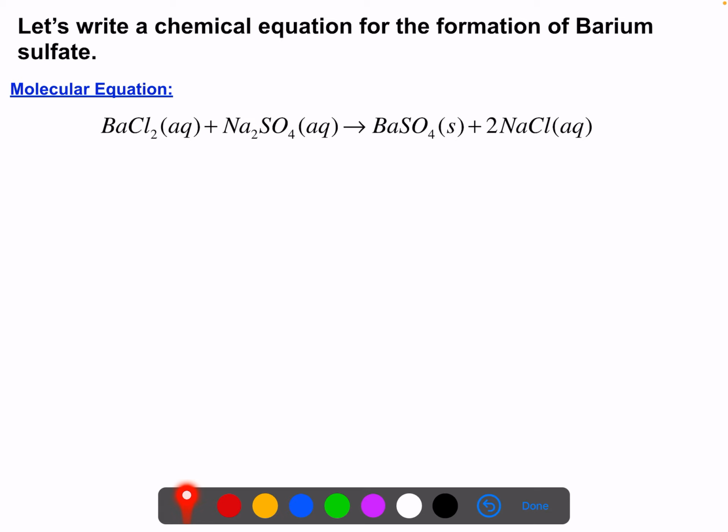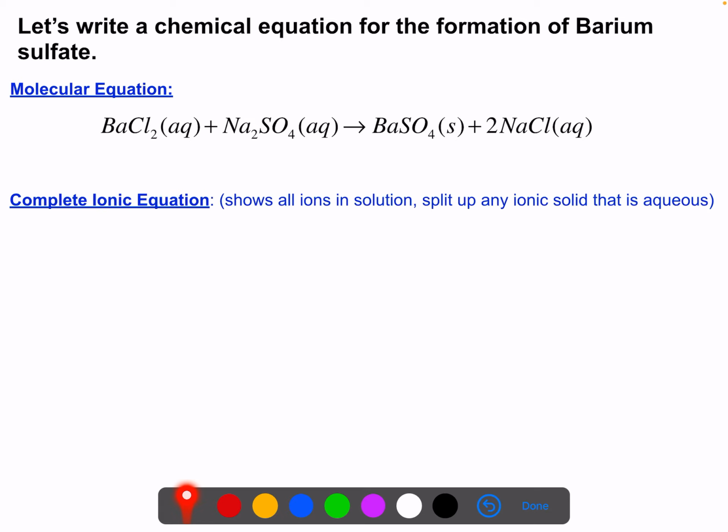The next type of reaction we should be able to write is what's known as the complete ionic equation. And this is the equation that really shows us everything that's going on. So what we're going to do is write really what exists in the flask. And the key is we're going to split up any ionic solid that is aqueous.